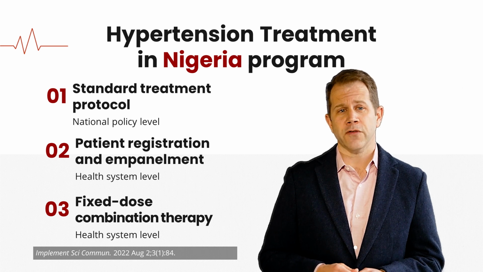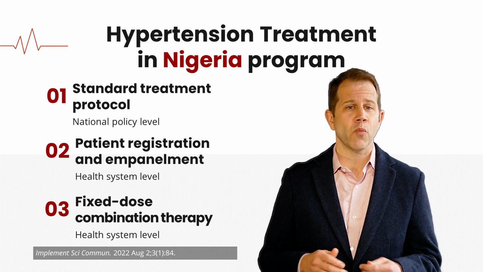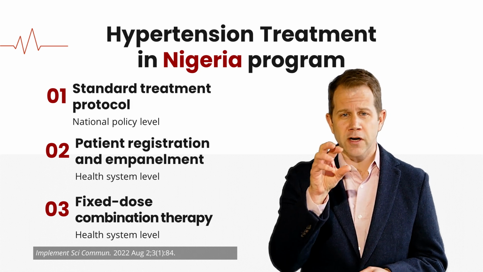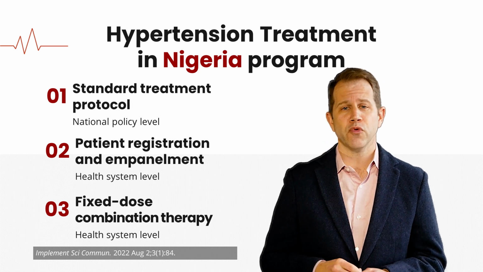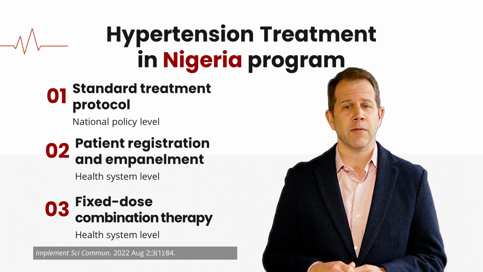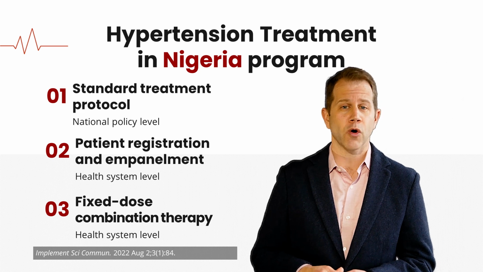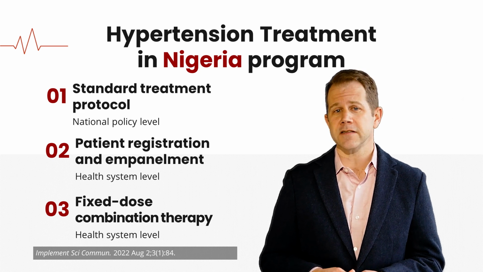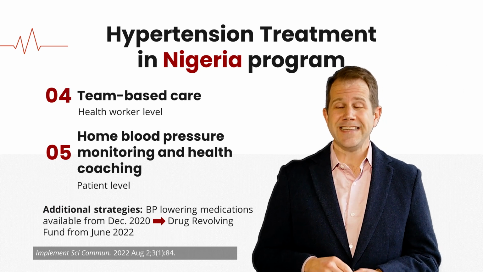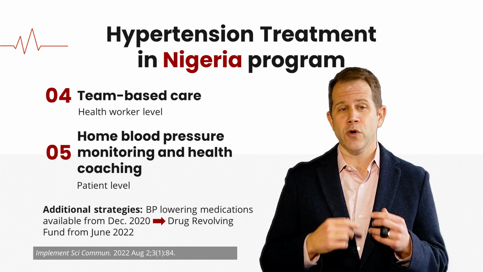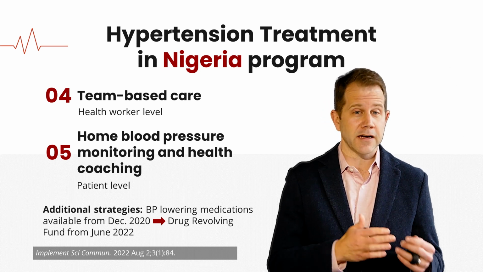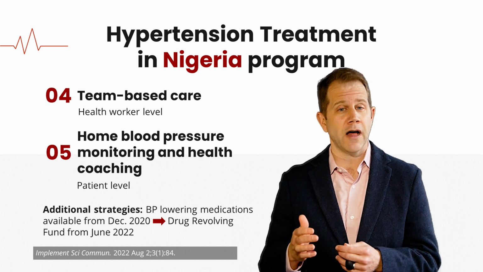Next, in our program, we prioritized fixed dose combination therapy, multiple drugs that are formulated together to improve the effectiveness and tolerability to achieve high blood pressure treatment targets more quickly. This is again on the health system level. Our study also incorporates team-based care and supportive supervision. So these are health workers who need to understand how to diagnose, treat, and control high blood pressure.